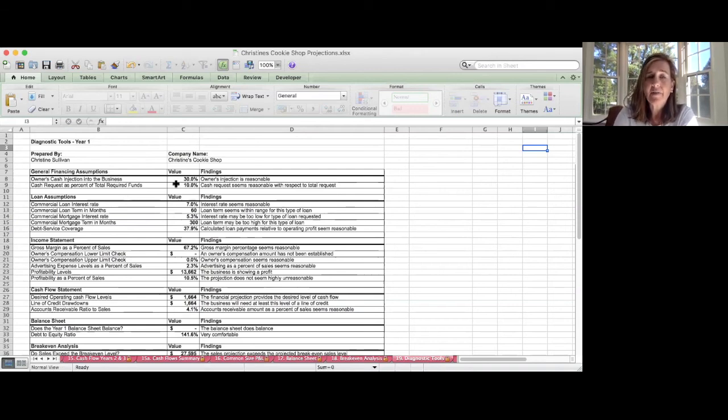So in mine, I've got $30,000 I have put in, so 30%, and the model thinks that is more than reasonable. It also sanity checks my interest rates to make sure that seems consistent with what's out there. And it also does an income statement reality check in terms of your gross margin as a percentage of sales and that sort of thing.